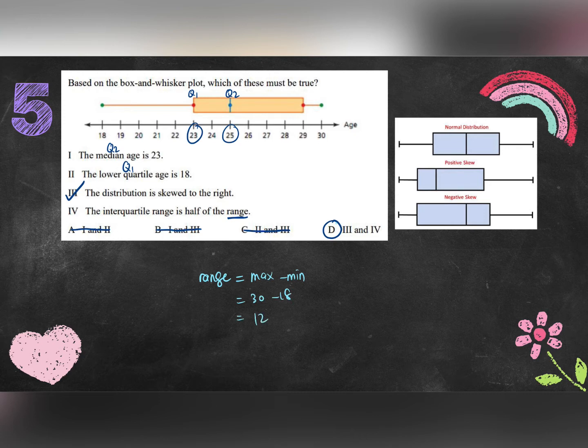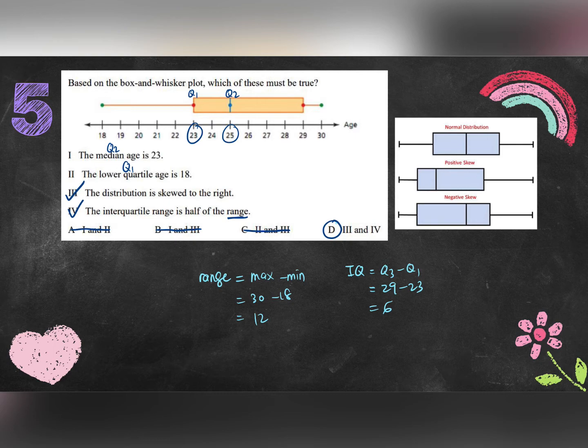Interquartile range will be Q3 minus Q1. So Q3 kita adalah 21, Q1 kita adalah 23, so we get 6. So betul lah, interquartile range kita adalah half kepada range. So yang B ini pun betul. So that's why the answer will be D. Okay, so ini untuk box plot ataupun box and whisker.